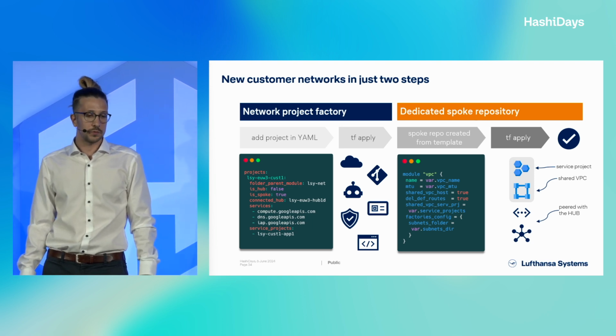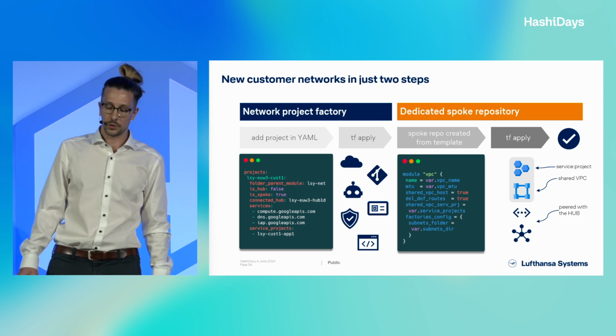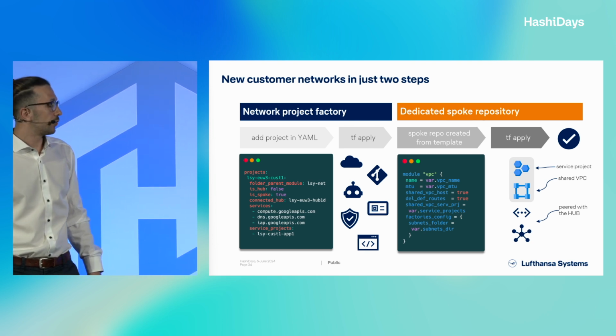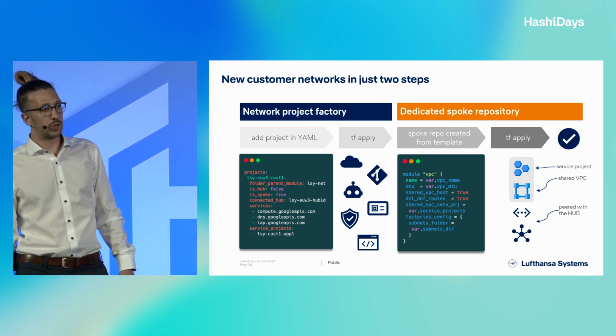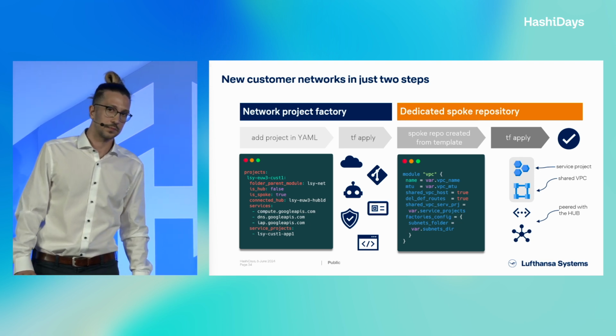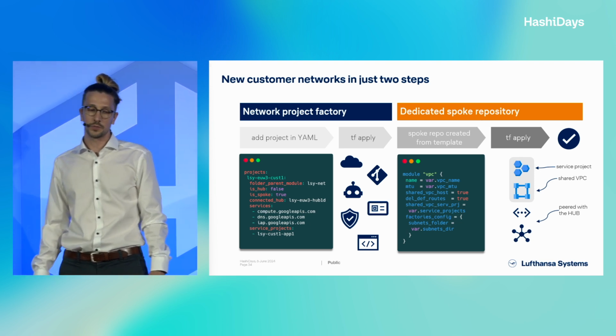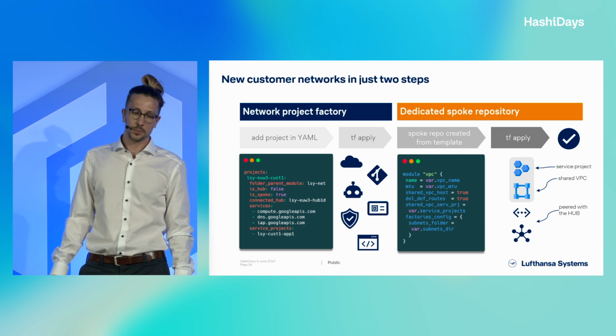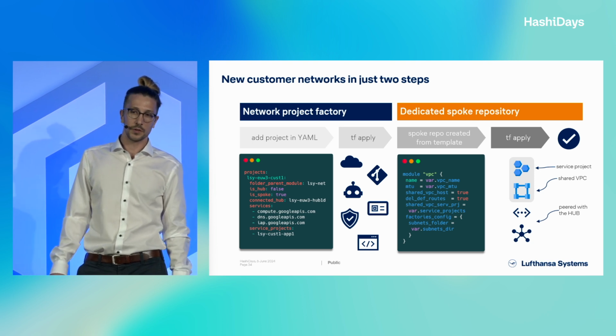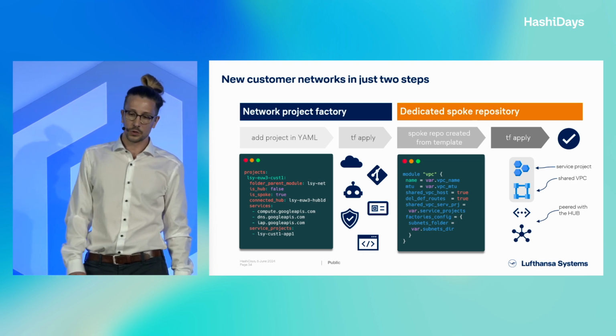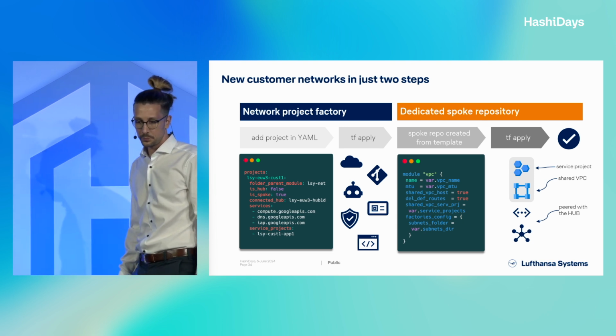We make a pull request, and on merge, all the necessary resources are created automatically, and there are no manual steps. That includes the GCP project, the GitHub repo, service accounts, IAM bindings, workload identity federation.